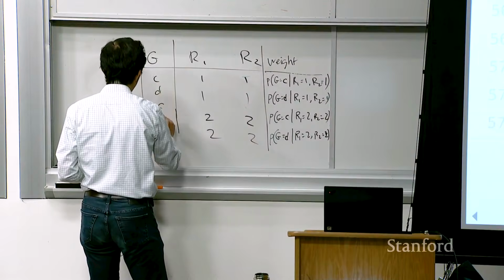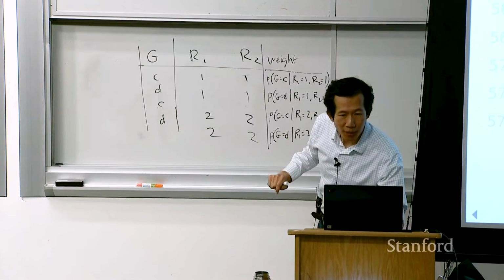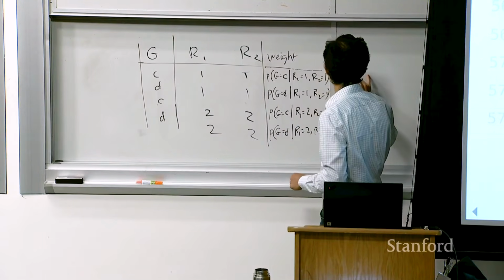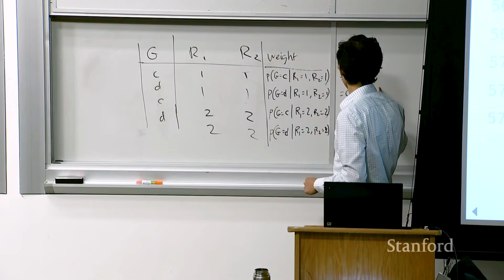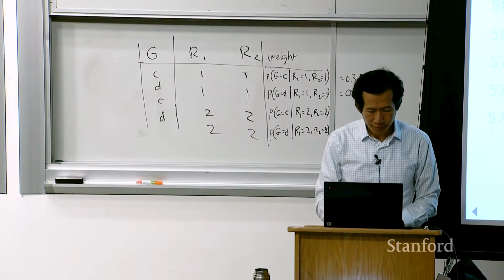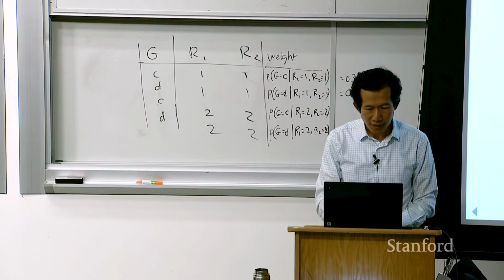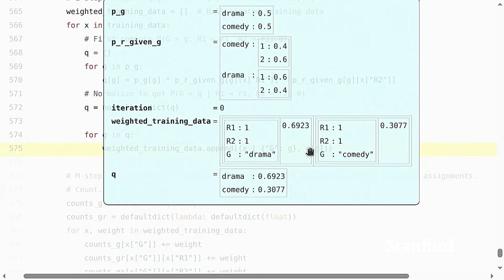So for this first example, the probability of comedy is 0.3, and the probability of drama is 0.69. Okay, and then what I'm doing is I'm collecting this weighted data set. So this is what I have on the board. I have this data point where I didn't see G, but I'm just guessing a value of G, and I associate it with this weight. For comedy, I associate it with this weight.